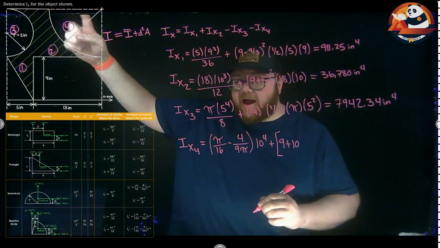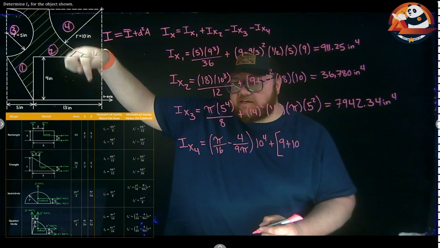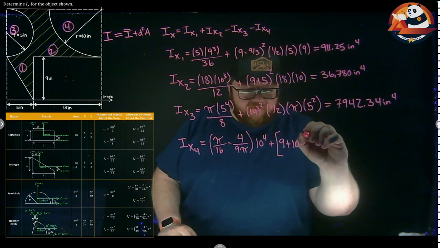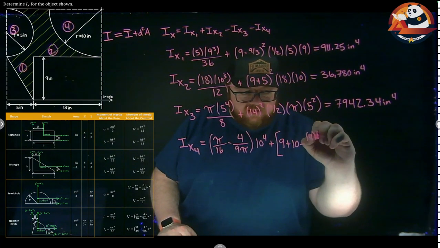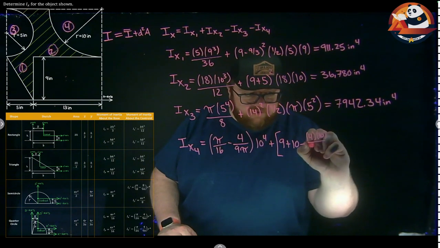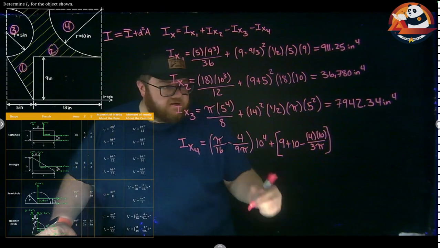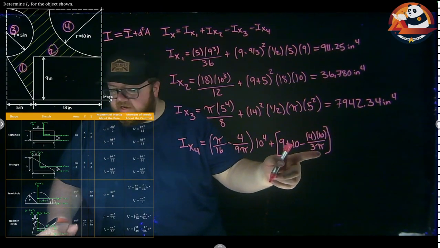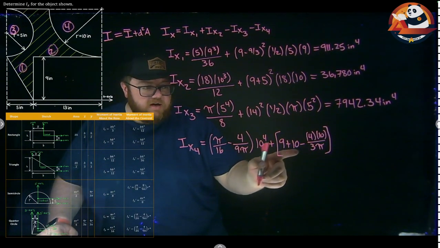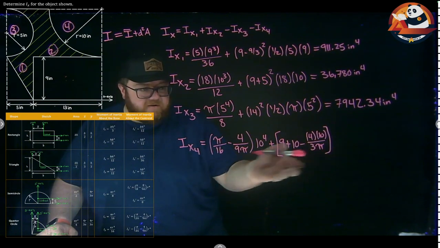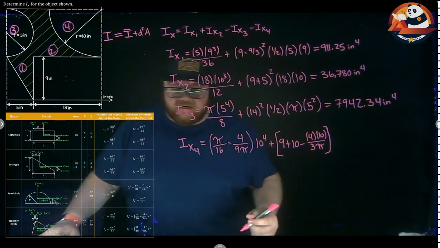And then I come back a little bit. I've gotten to the very top of my object. I'm coming down 4r, 4 times 10 over 3 pi, where this is 4.24. So 19 minus 4.24, this is about 14.76 that we'll end up using in here.